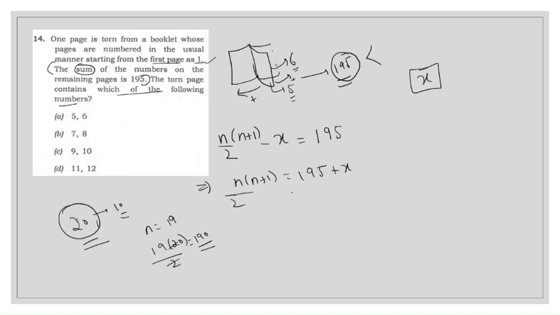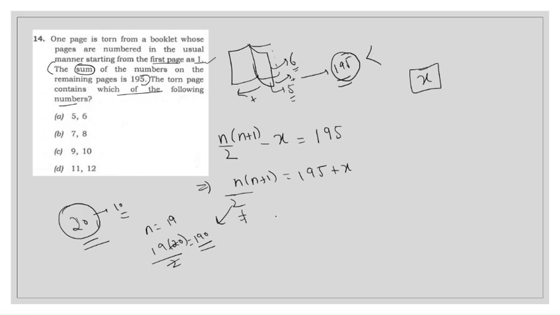But here, since we know that this value 190 that we are getting now cannot be equal to this particular thing, because 195 is automatically greater than 190. So if we add x to 195, it will be a much greater number.